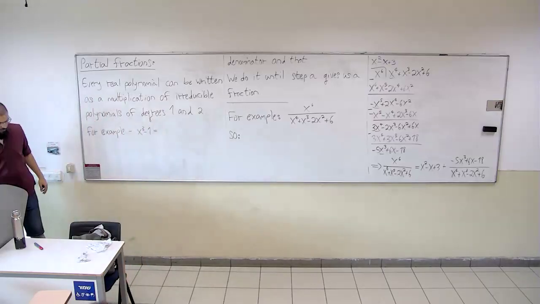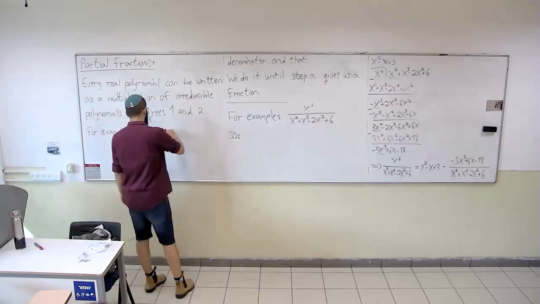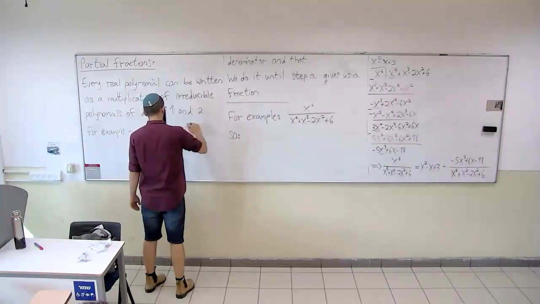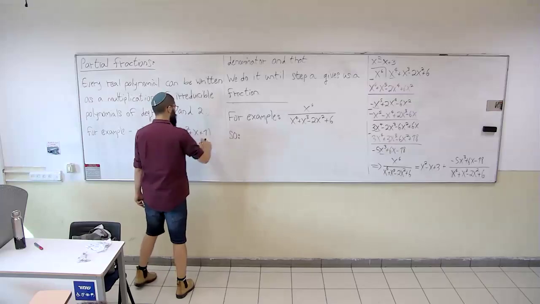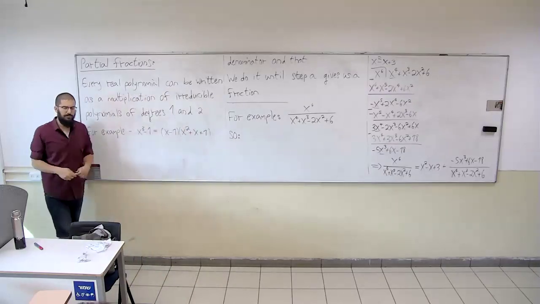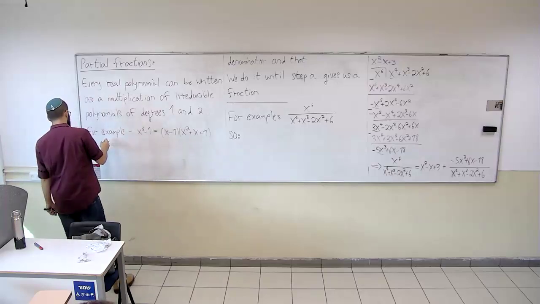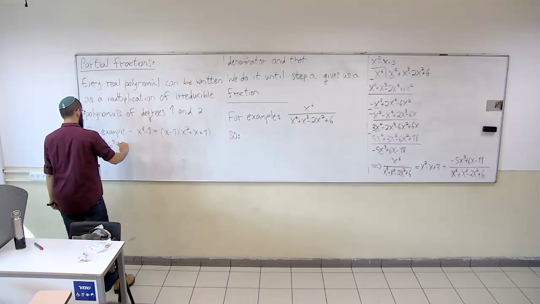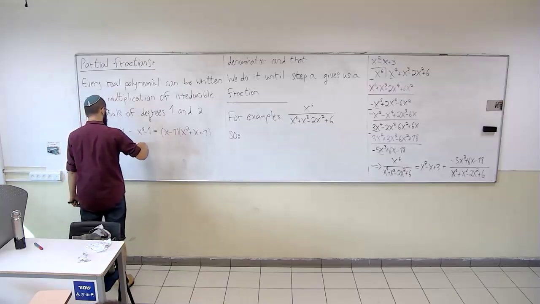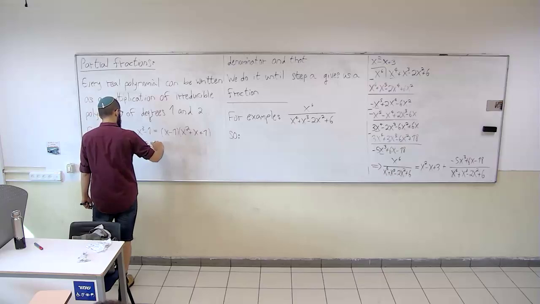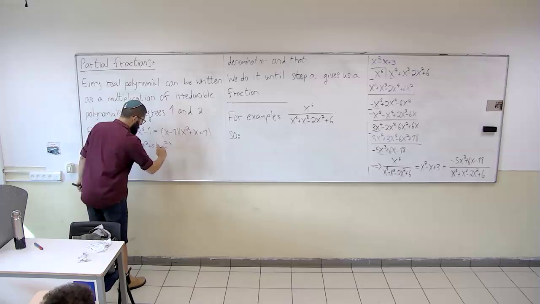And one can write it as x minus 1 multiplied by x squared plus x plus 1. And when it comes to such an identity, you should know it.